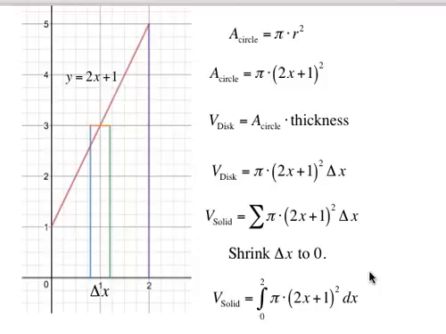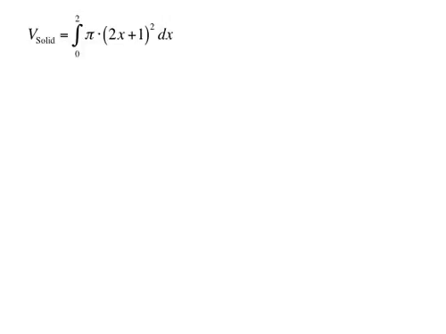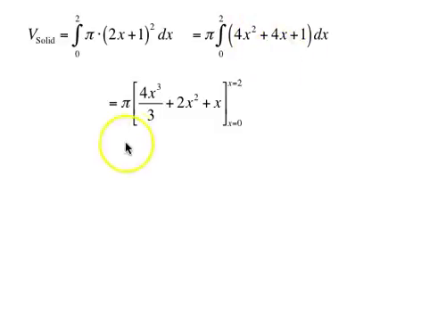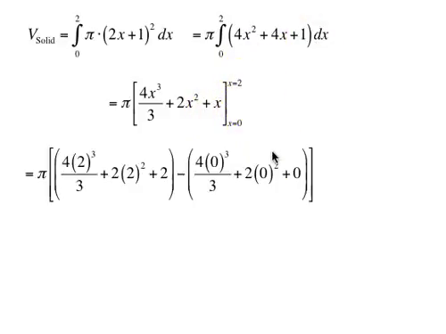Let's quickly do that integral. There is the integral. (2x plus 1) times (2x plus 1) is 4x squared plus 4x plus 1. The antiderivative is 4x cubed over 3, 4x squared over 2, also known as 2x squared, and the integral of 1 is just x, as x ranges from 0 to 2.